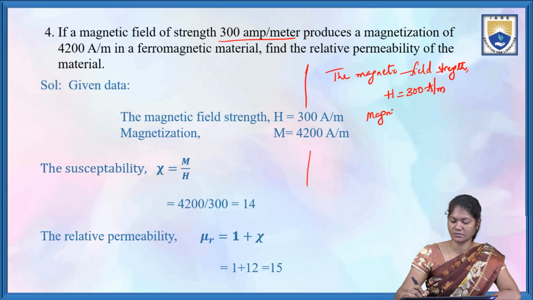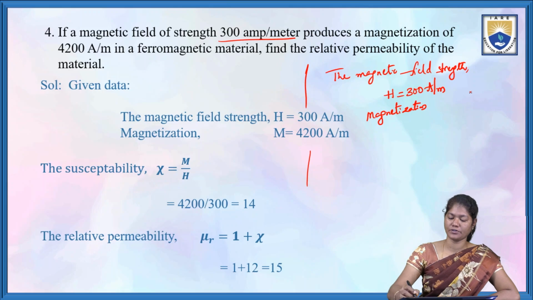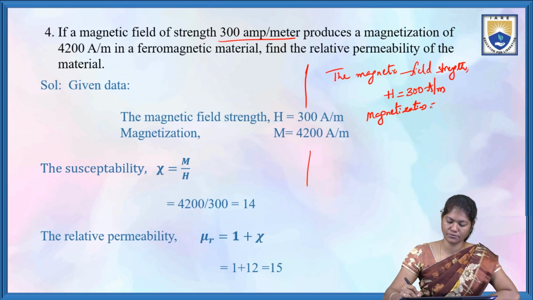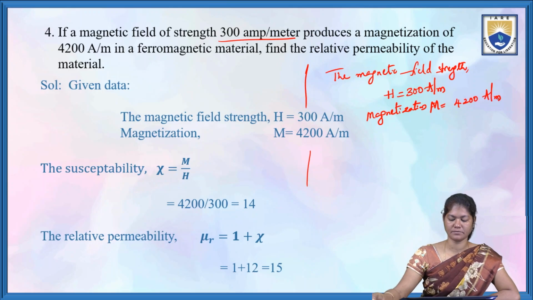The magnetization of the material, capital M, is equal to 4200 ampere per meter.